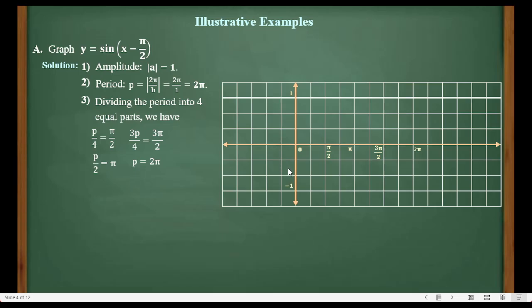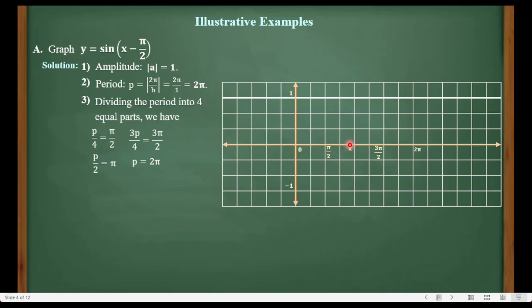Then for the coordinates along the x-axis, we could do some scaling. The first one is 0, which is the intersection of the two coordinate axes. Then we can consider 2 units, which corresponds to 2 pi.